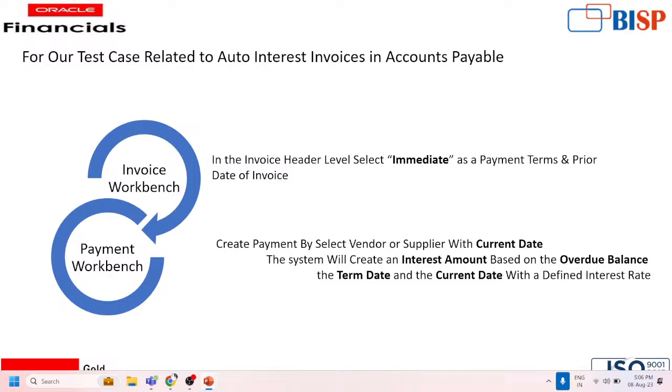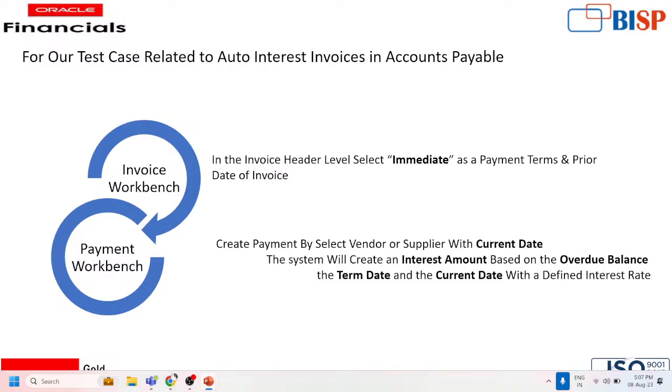So that is the requirement, and we will create a payment in the payments workbench by selecting the vendor or supplier with the current date. The system will create interest amount based on overdue balance, right? So that is the overdue balance, and the term date with the current date, with a defined interest rate thereon, right?